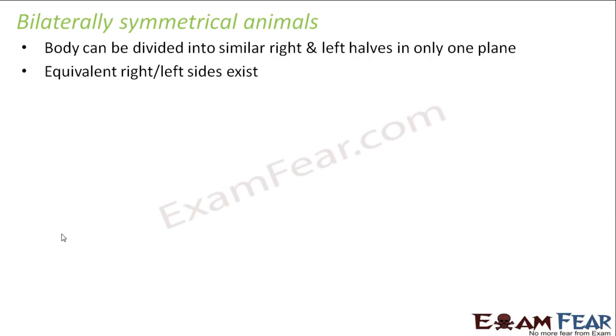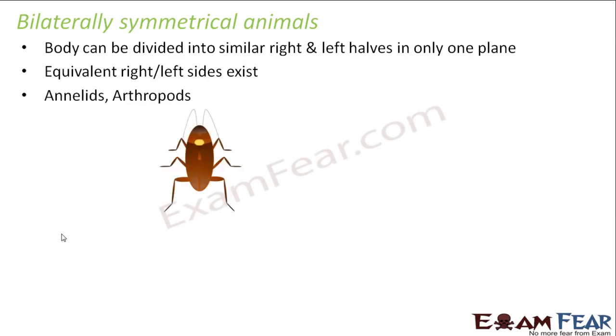So here equivalent right and left sides exist. Examples would be annelids and arthropods. Here if you see this cockroach, if you divide it along this plane, you have one right half, one left half. How do we say that this is right and this is left? Because see here, these appendages are on the right side, but here the appendages are on the left side. So they are laterally symmetrical.